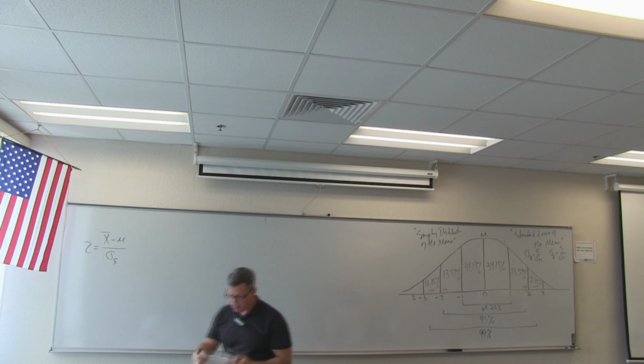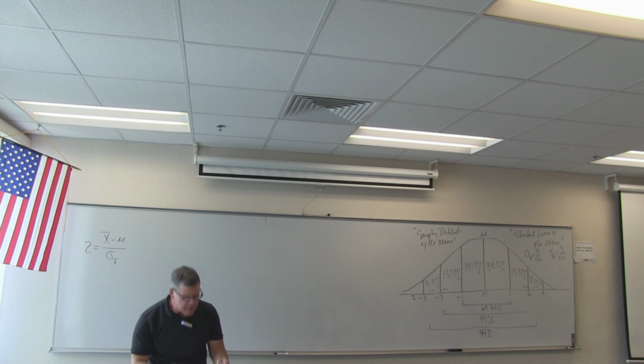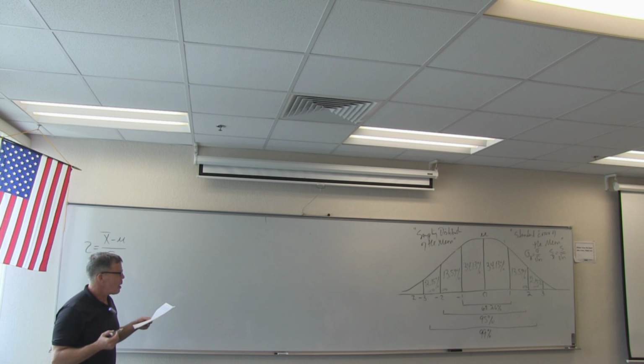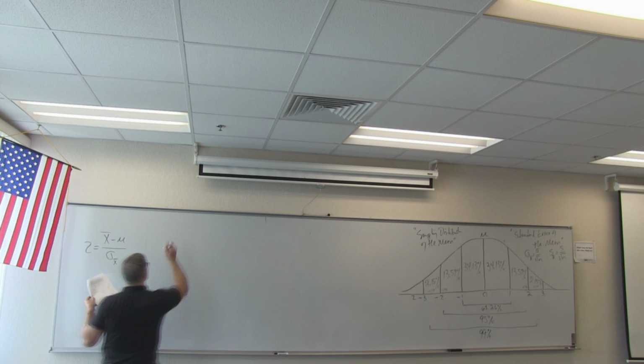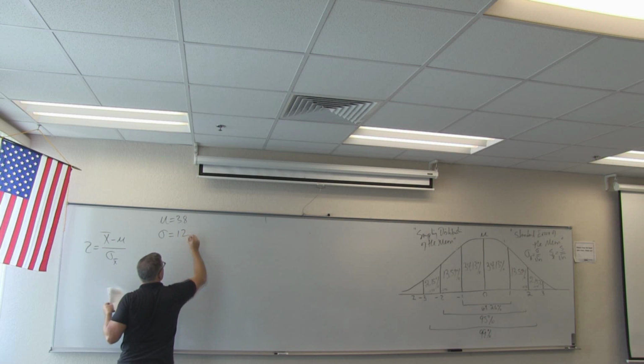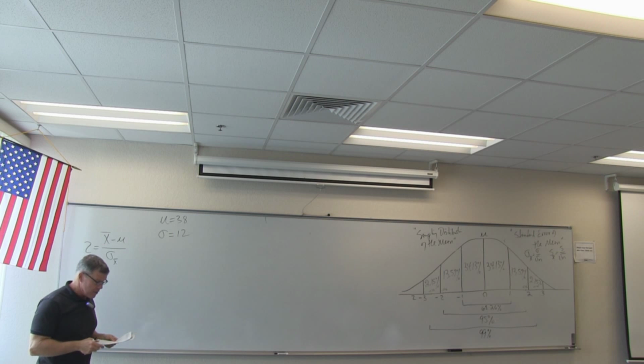Data gathered from all 50 United States over the past 10 years revealed that the national average on the Stanford happiness scale, a measure designed to determine overall personal happiness and fulfillment with life, was 38 with a standard deviation of 12. Again, a big population data set on happiness.